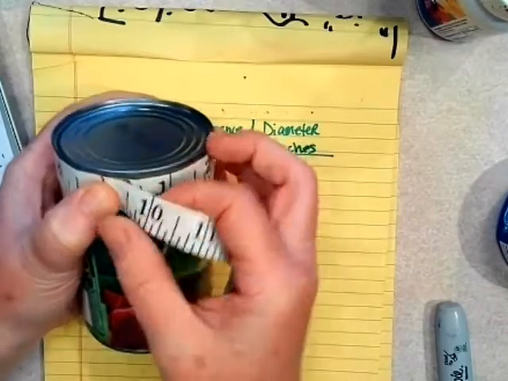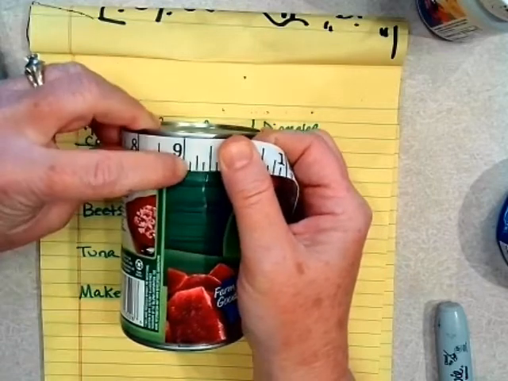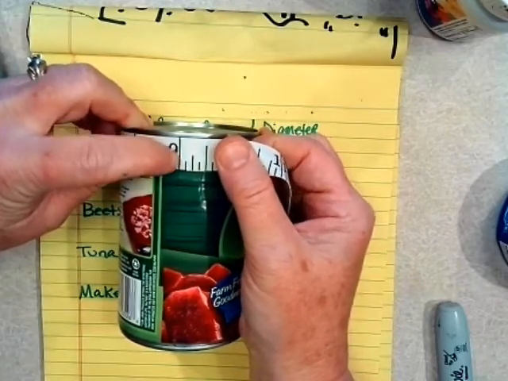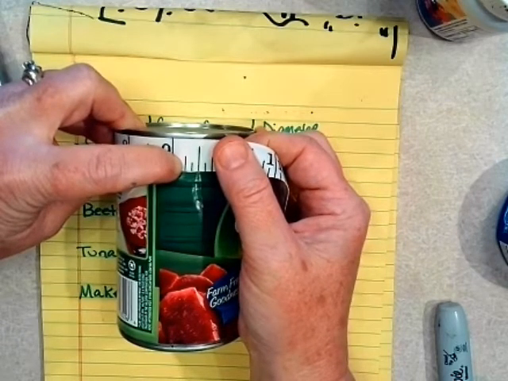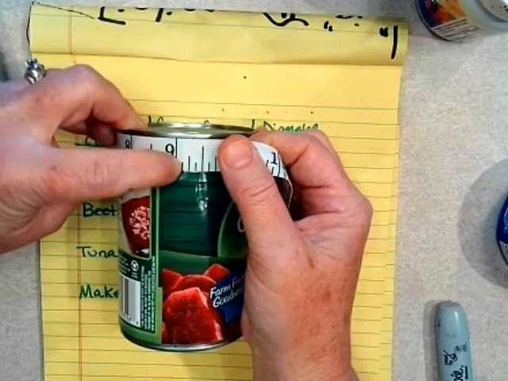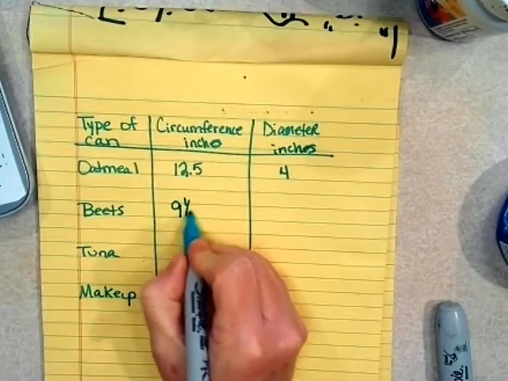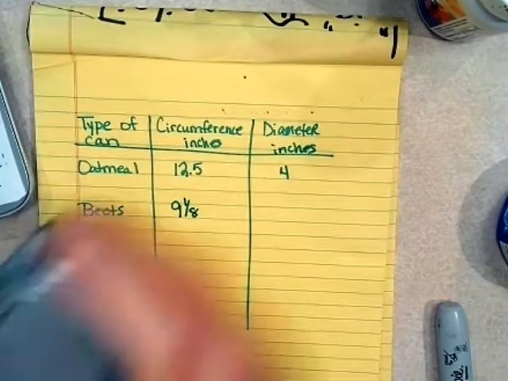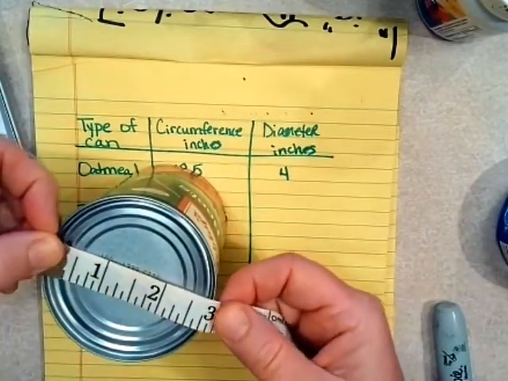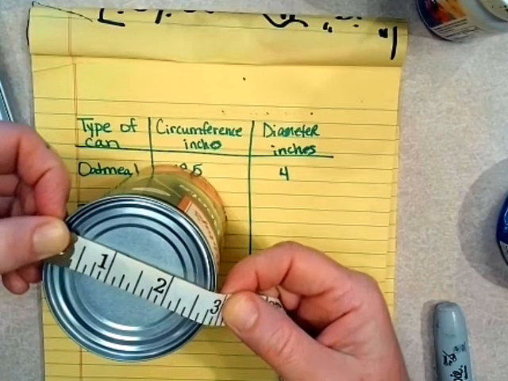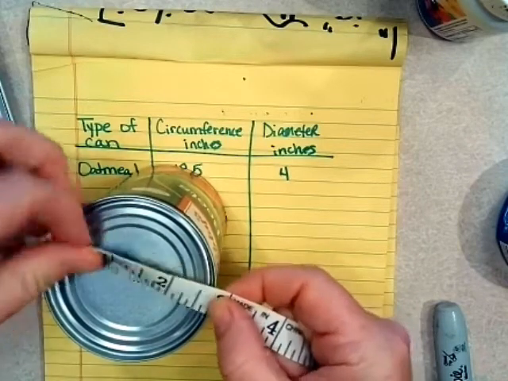So I'm going to wrap that around there, and I want to get as close as I can. And here's where it hits, right there at about 9, and really it's like 9 1/8 for its circumference. Then measure across here, and that looks like about, maybe I should be using the bottom of that tape measure.